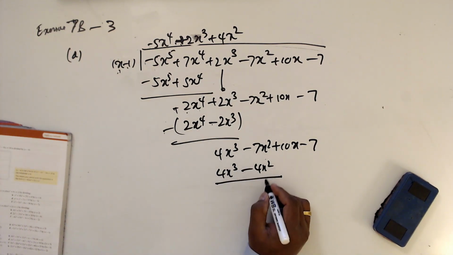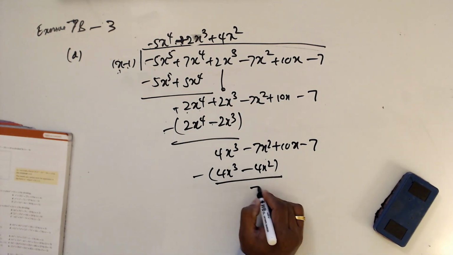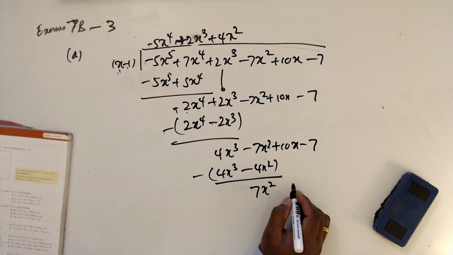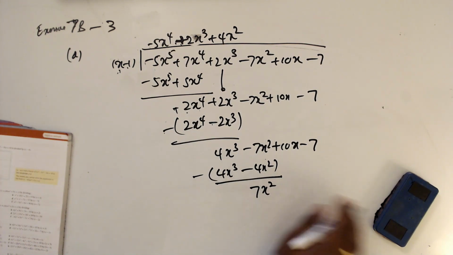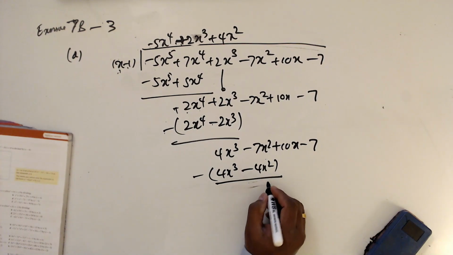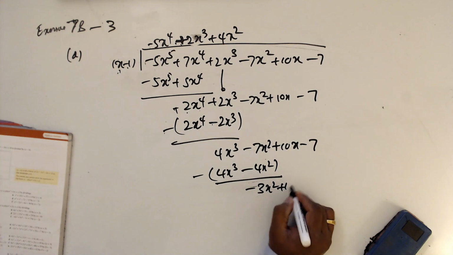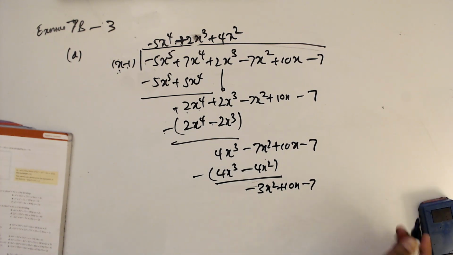So this is going to be 7x squared, minus 3x squared plus 10x minus 7.